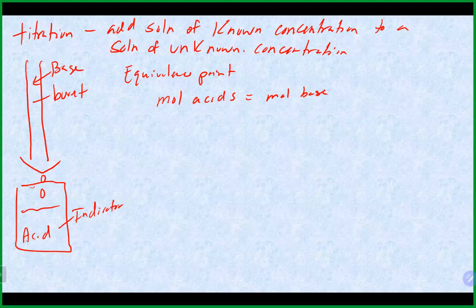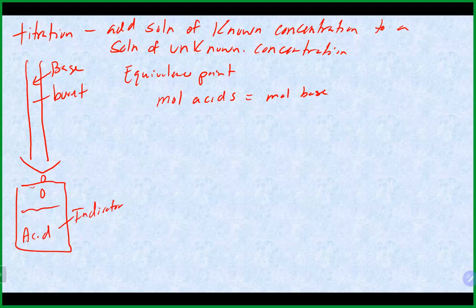So at the equivalence point, when you reach it, you have added exactly enough moles of base to use up all the moles of acid that was there, which is why they're called neutralizing each other. Basically, you use both of those up at the equivalence point.